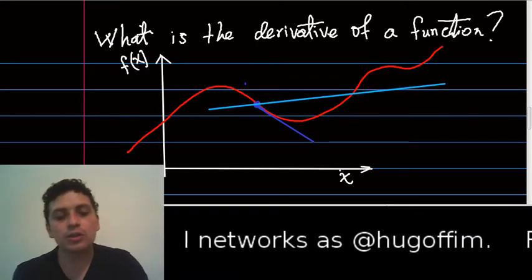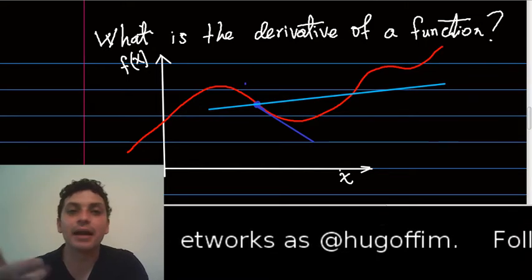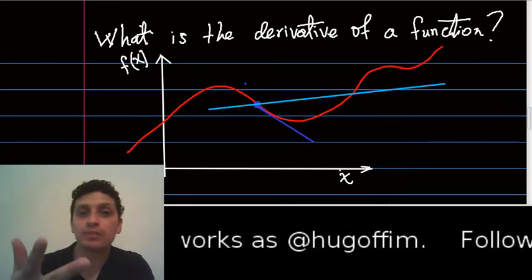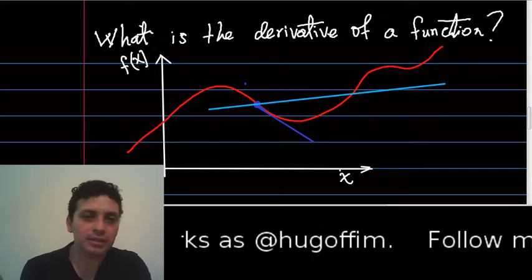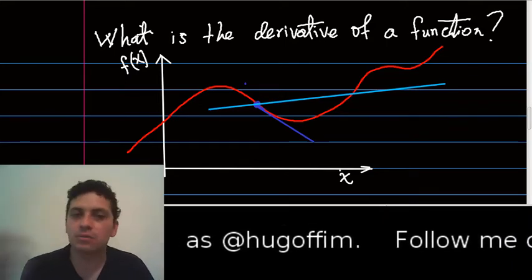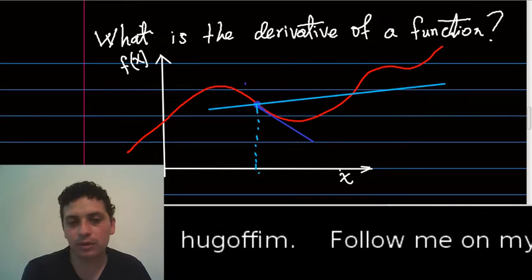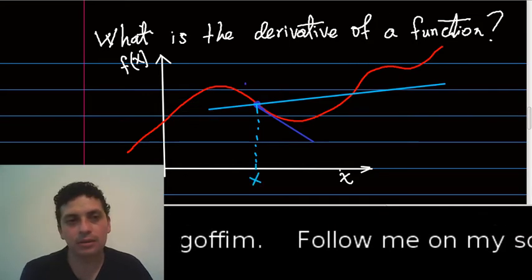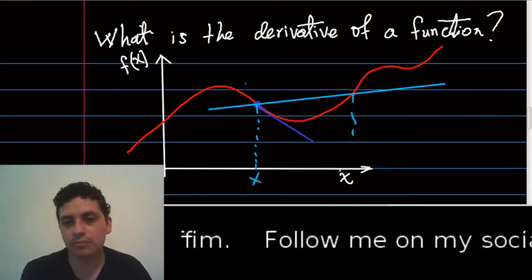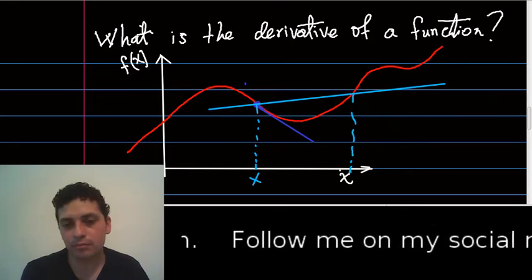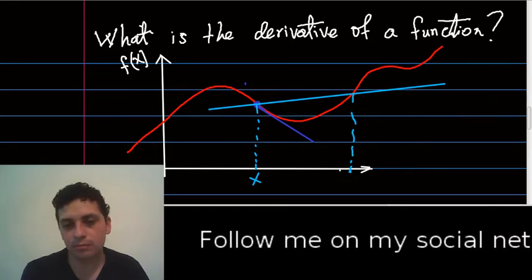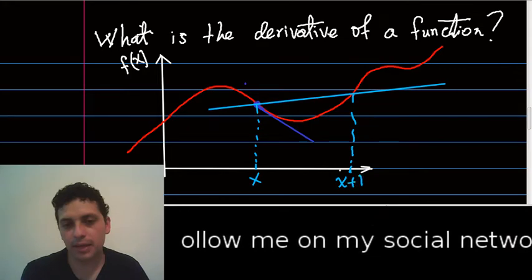Okay, so you can see that this line that I traced passes through 2 points of the function. It's one line that crosses at x, and crosses at another point, x plus h.